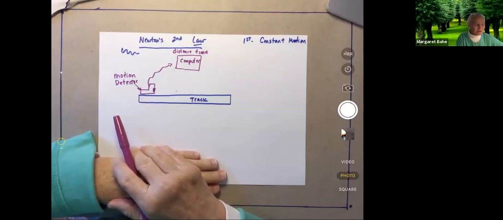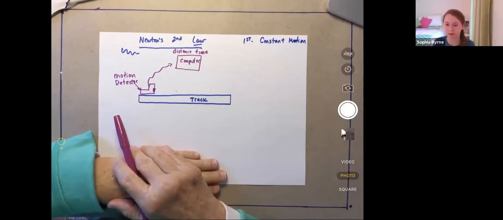So Sophia, what's the relationship between acceleration and velocity? Acceleration is the velocity increasing per second, so velocity would be meters per second, but acceleration would be meters per second per second.